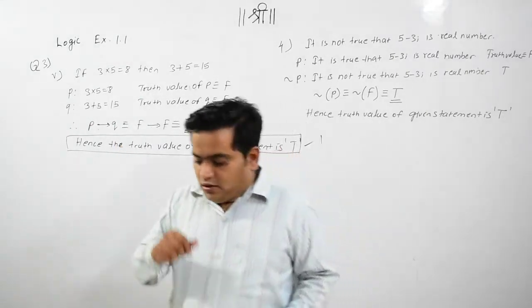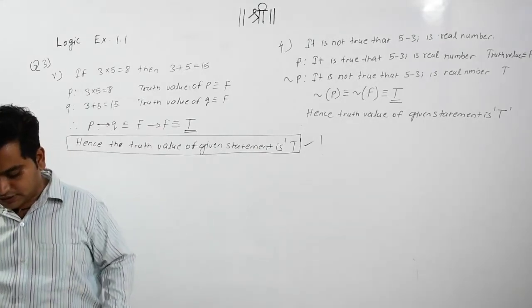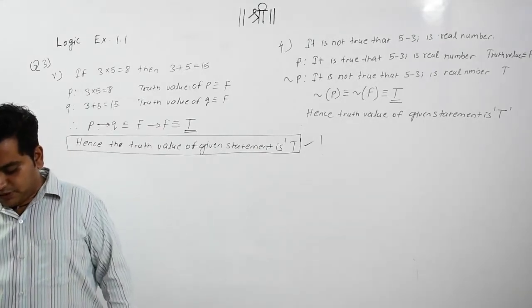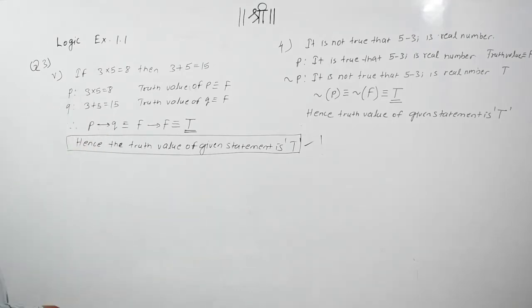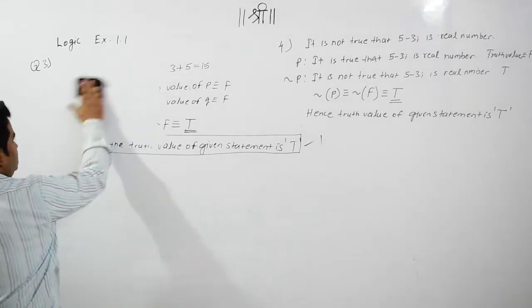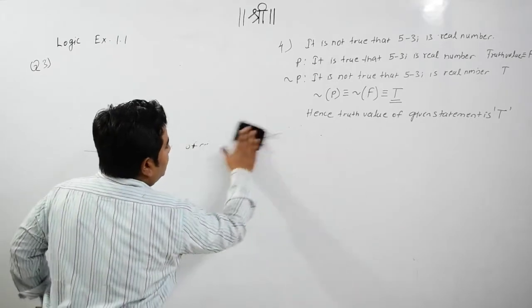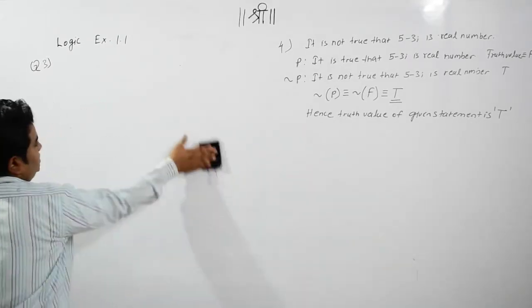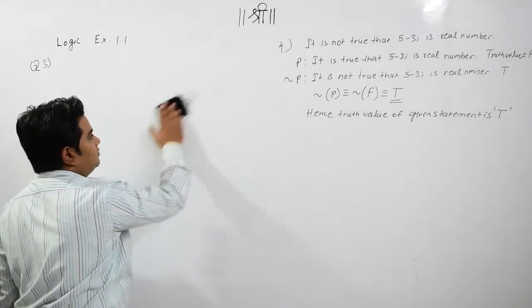Now question number 4 has a very interesting pattern. If the statements P, Q are true statements, and R, S are false, then what are the possible cases?